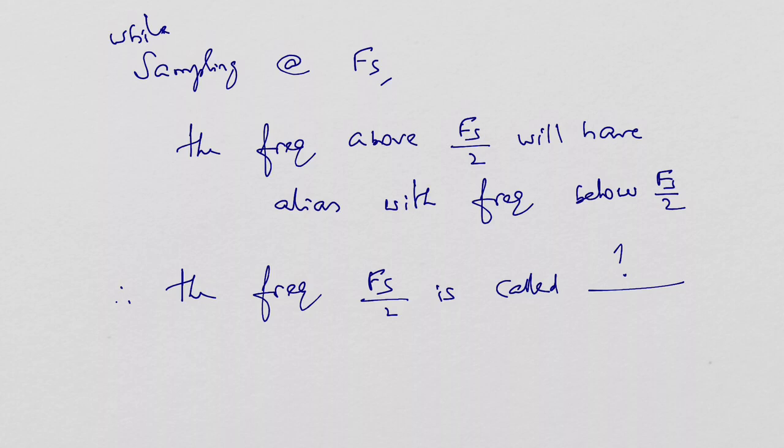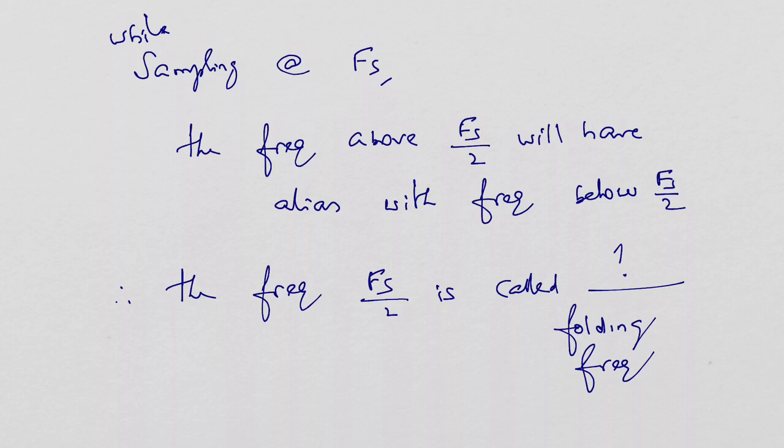So please ensure that before sampling at a frequency Fs, your input signal does not have any frequencies greater than Fs by 2, so that samples are generated properly. While reconstructing them, it will automatically be perfectly reconstructed.